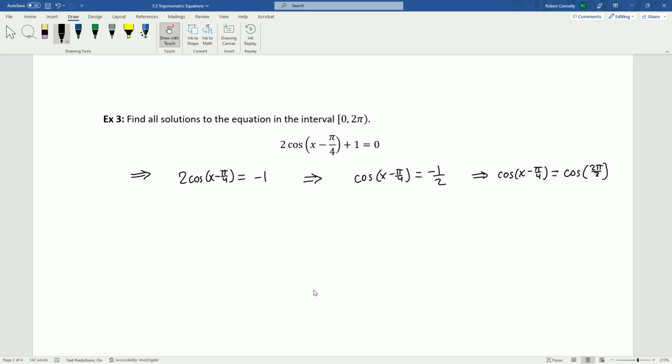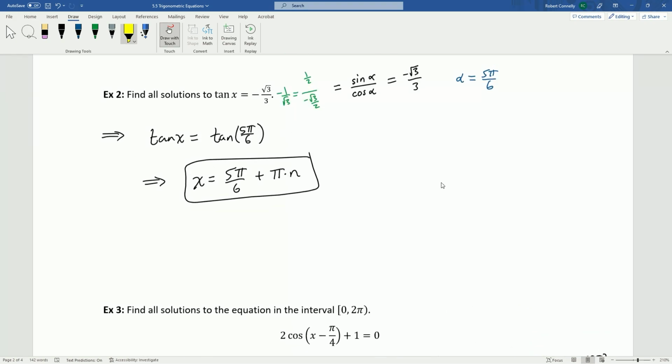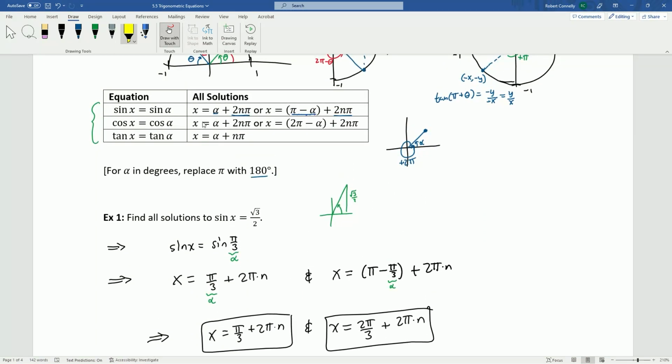Okay, now we can approach our solutions in exactly the same way, but just keep in mind, now what's inside the left-hand side isn't just x, it's x minus pi over 4. So when we write our solutions, we don't write x equals, we write x minus pi over 4 equals, right?